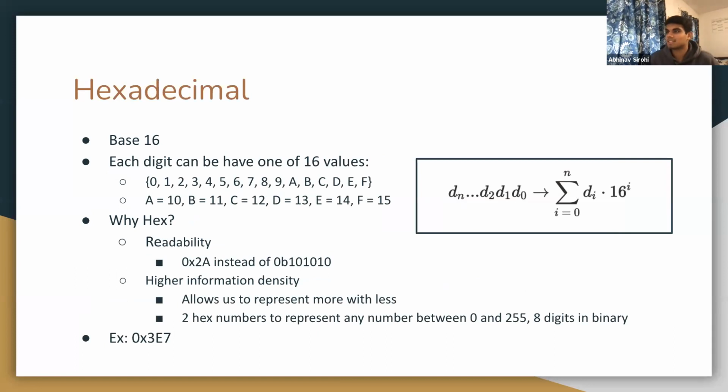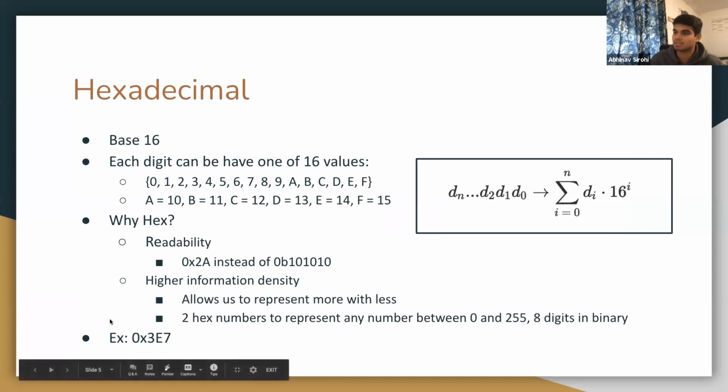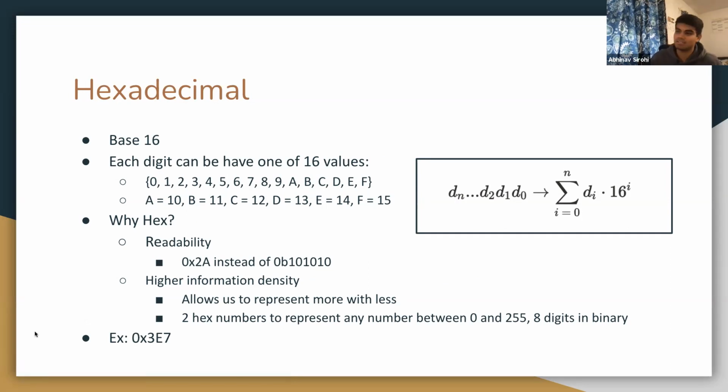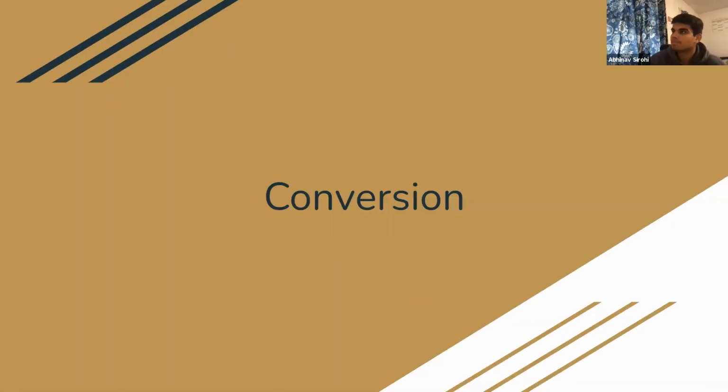And then we have hexadecimal, which is 0 through 9 and A through F to represent the values. When we write hexadecimal numbers, we use 0x to show that it's hexadecimal, and everything after that is the actual hex number. And then we have conversion, how to convert between these.